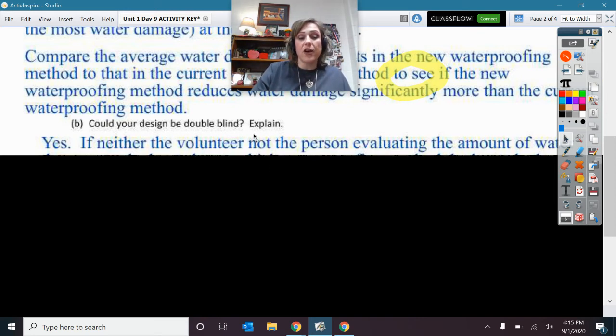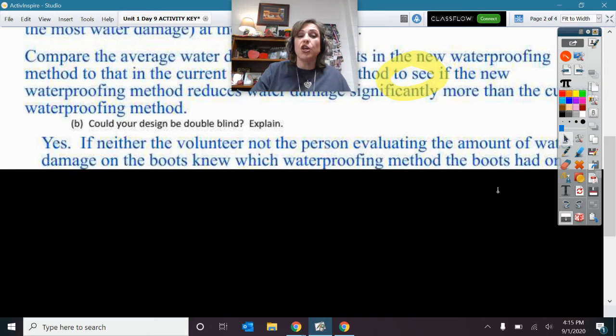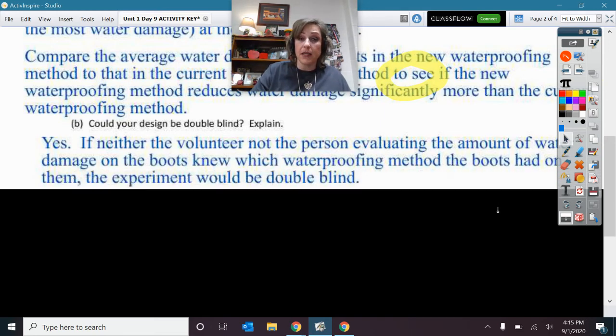If neither the volunteer nor the person evaluating the amount of water damage on the boots knew which waterproofing method the boots had on them, then the experiment would be double blind. Okay, there it is. So neither the person wearing the boots, so they're not going to mess up the experiment by wearing them one way or the other, nor the person who's going to look at the boot and rate the amount of water damage.